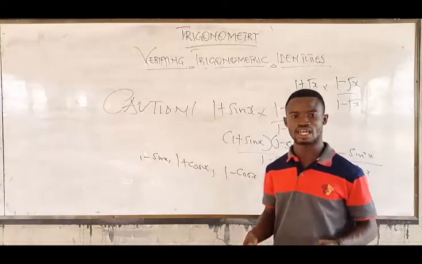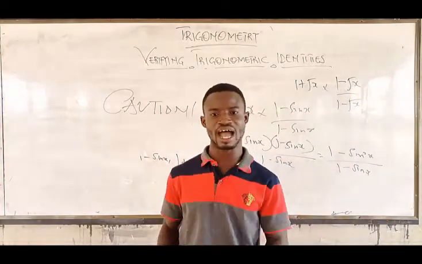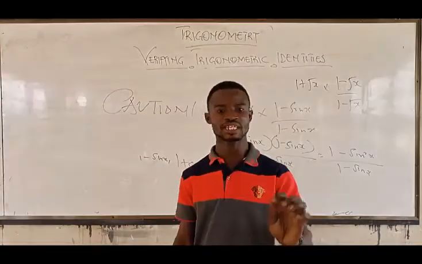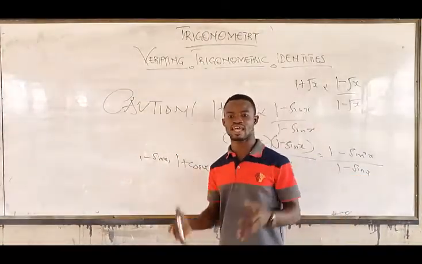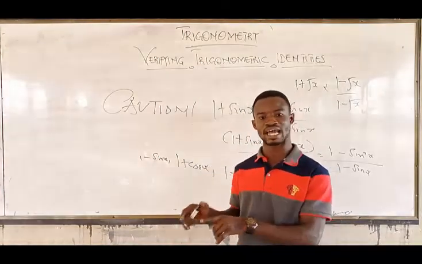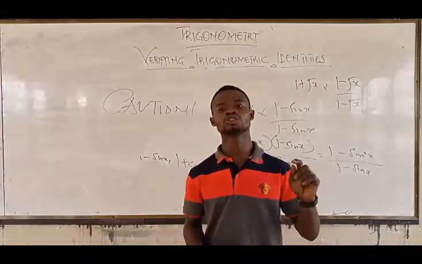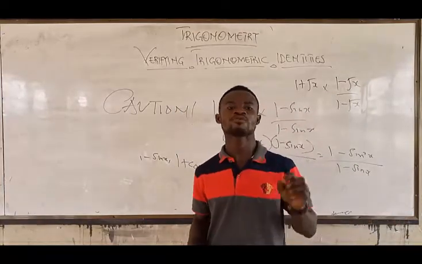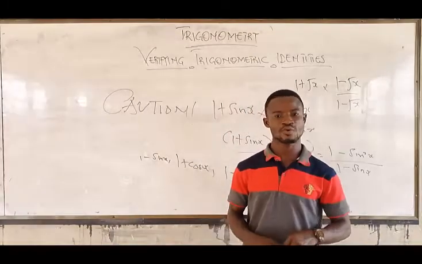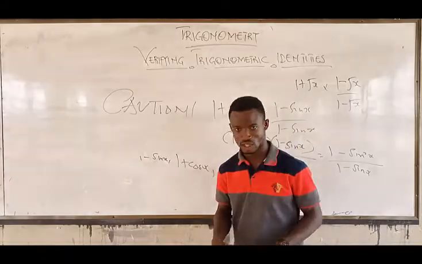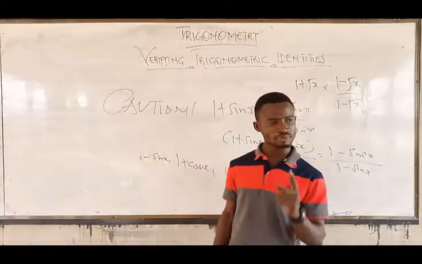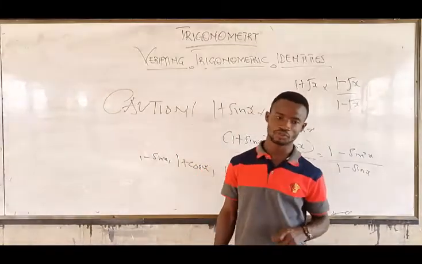The techniques used in solving equations, such as adding the same terms to both sides or multiplying both sides by the same term, should not be used when working with identities, since you are starting with a statement that is to be verified. That may not be true for you.